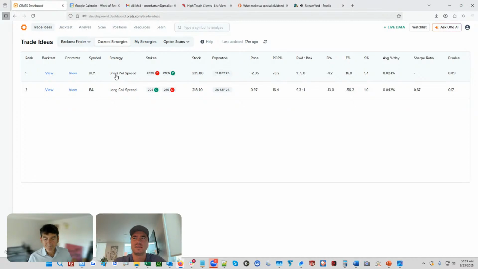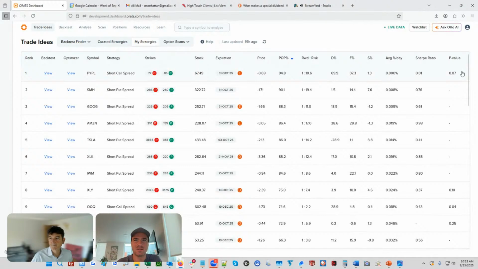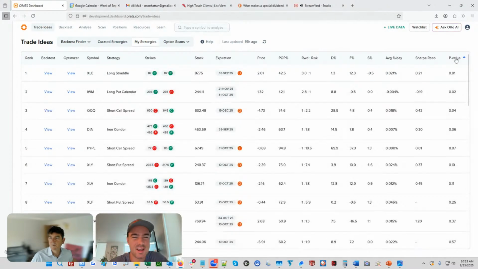Yeah, and this is like the cutting edge of options research. I mean, the stuff we've done with path dependency in the backtest finder, like overlapping the trades, and then migrating that to the optimizer and the p-value tests. This trade ideas tab is the culmination of where it just spits out a trade after scanning for it, the scanner itself.